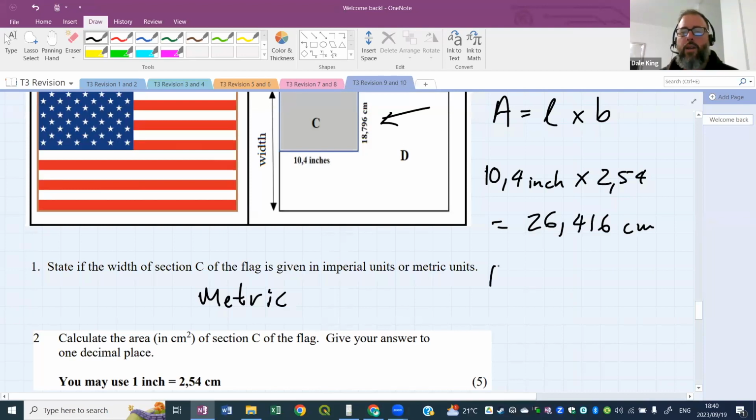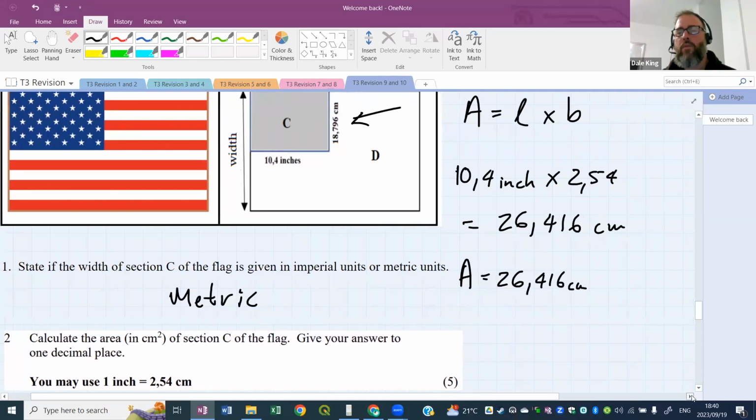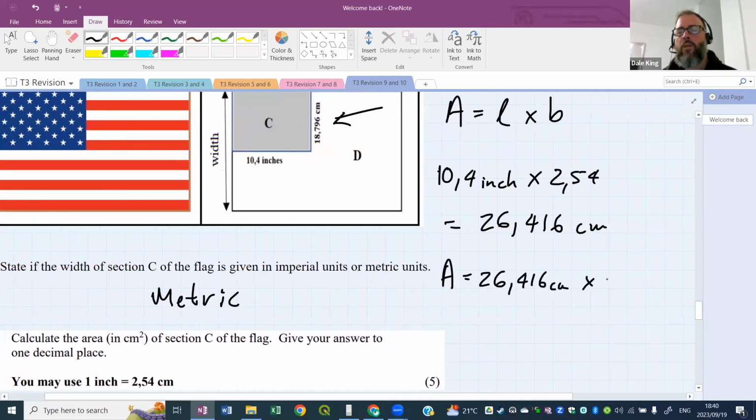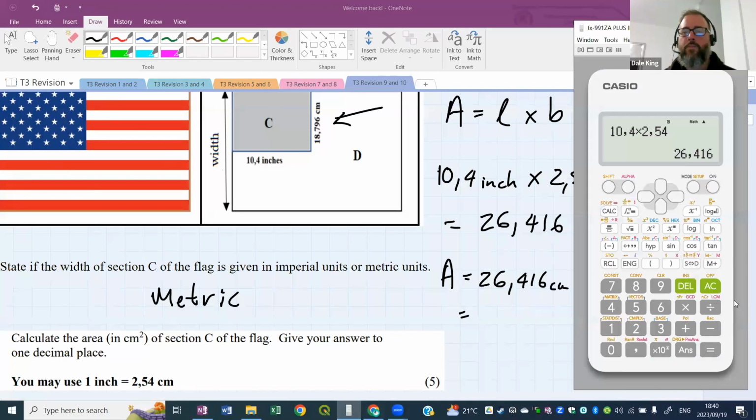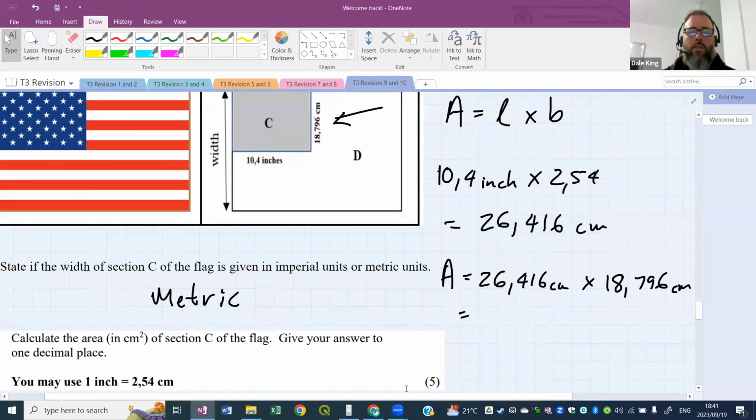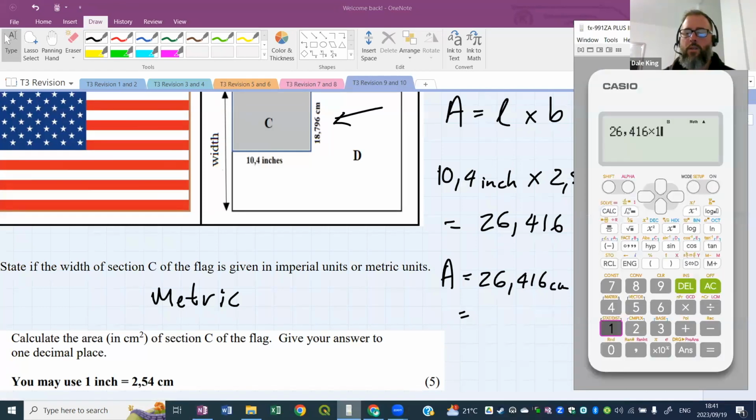So now we can go to the formula. 26.416 multiplied by 18.796 centimeters. That should give us our answer. 26.416 times 18.796.